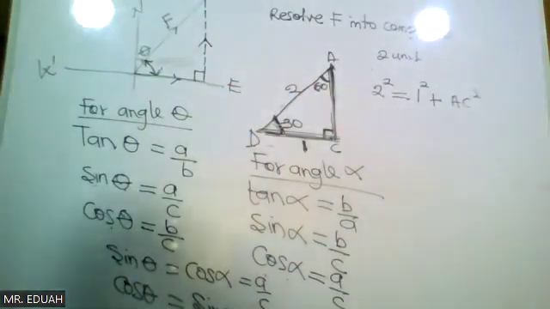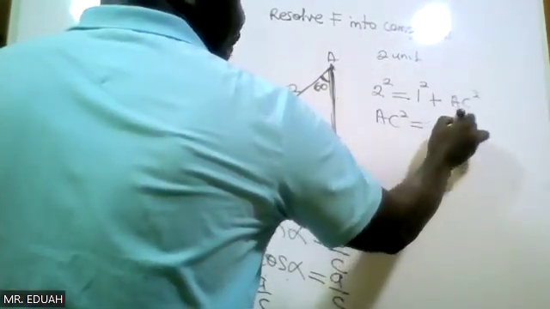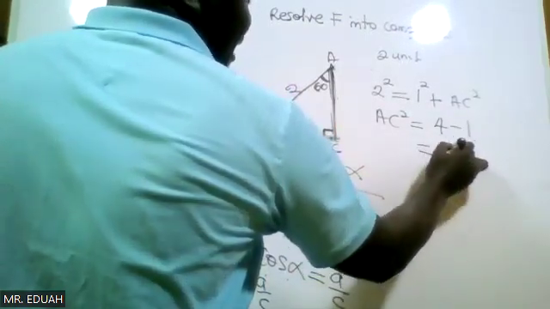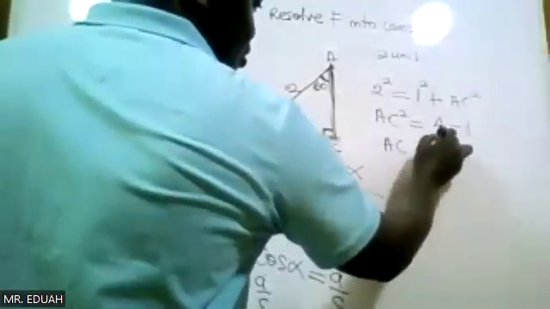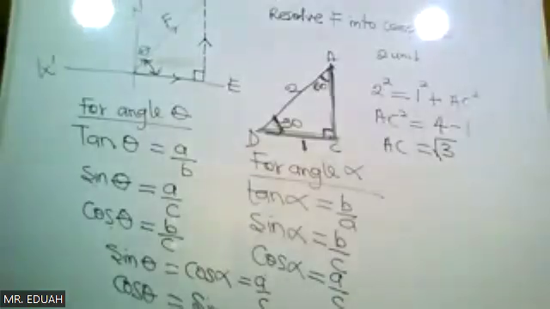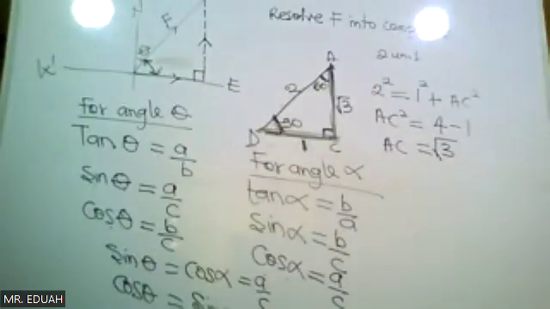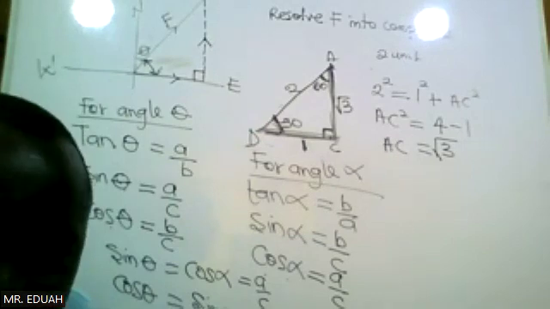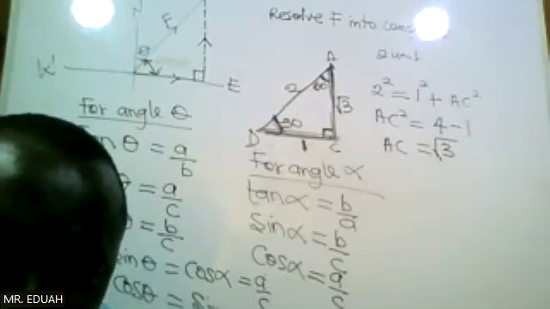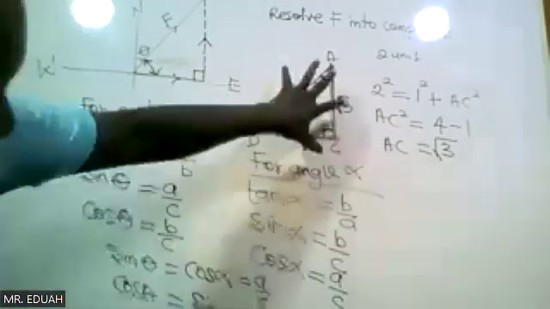Then AC squared is equal to 4 minus 1, and therefore AC is equal to root of 3. You see, when we started vectors, angles such as 60 degrees, 30 degrees, 45 degrees, I can easily tell you their values without punching the calculator. This is the trick.